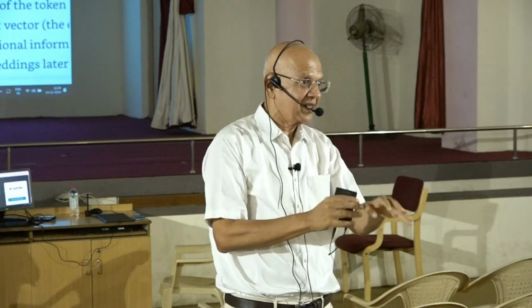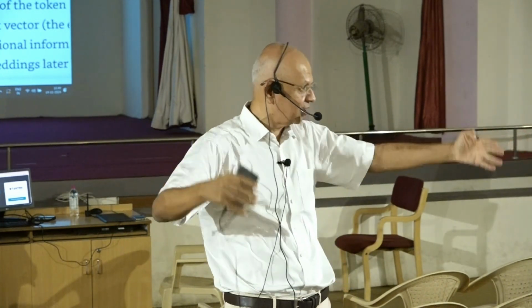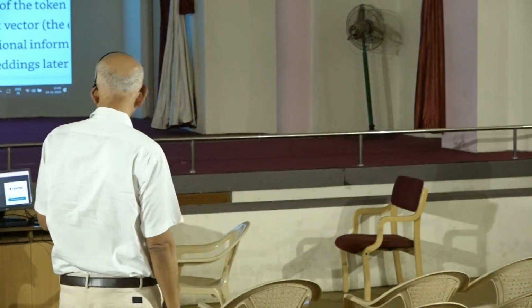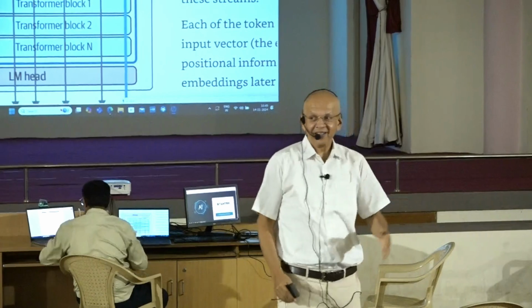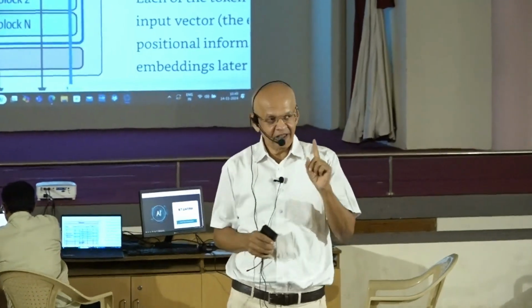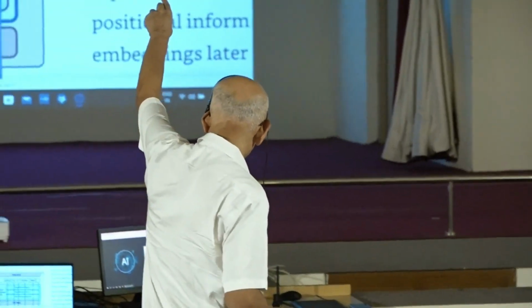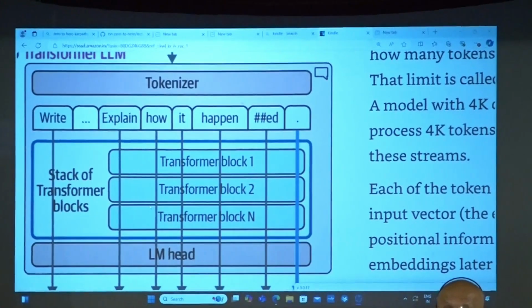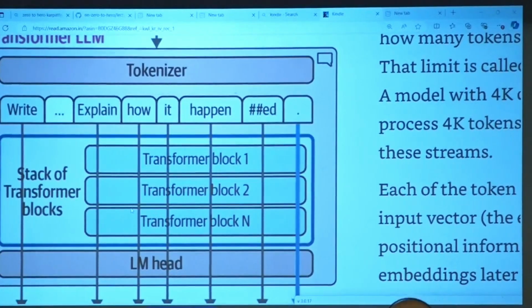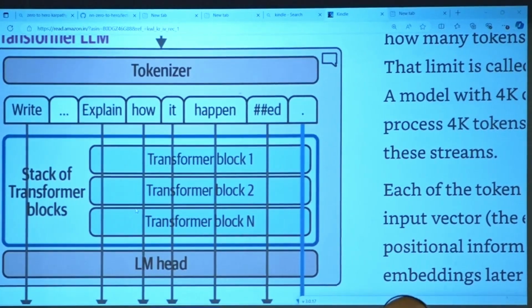I'm not talking about model size; I'm saying the number of tokens it can process is also limited. That limitation exists, but it is far better than going one by one. There is no sequential processing. This diagram reflects that every word in the sentence is processed in parallel, concurrently, and simultaneously.